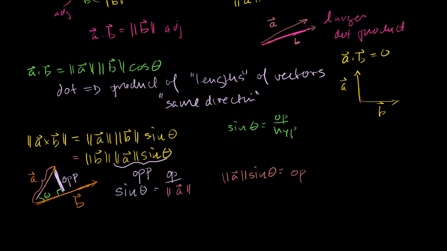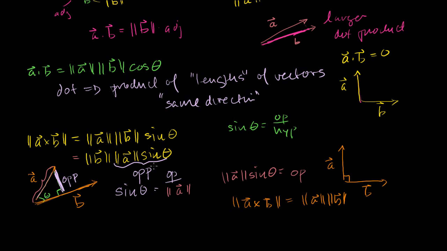And let's just look at a couple of examples. If you take two vectors that are perpendicular to each other, the length of A cross B is going to be equal to, if we just use this formula right there, the length of A times the length of B times the sine of 90 degrees.